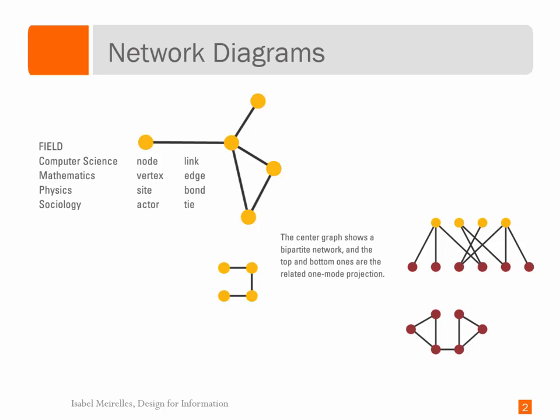Typically, we refer to these as node-link diagrams. We take the computer science notation. It's most closely aligned with our discipline in business, and so we will use that notation.